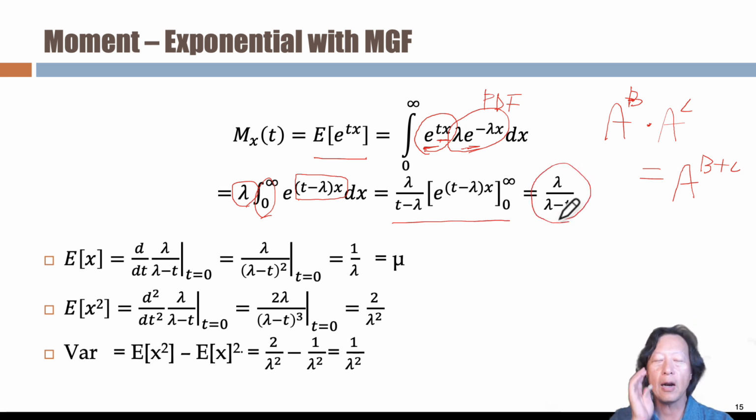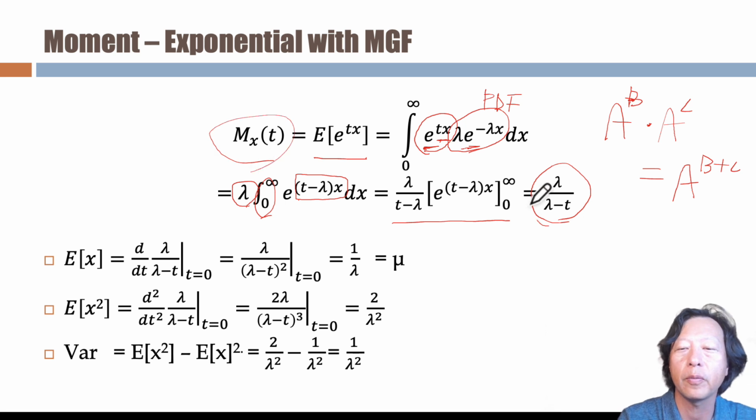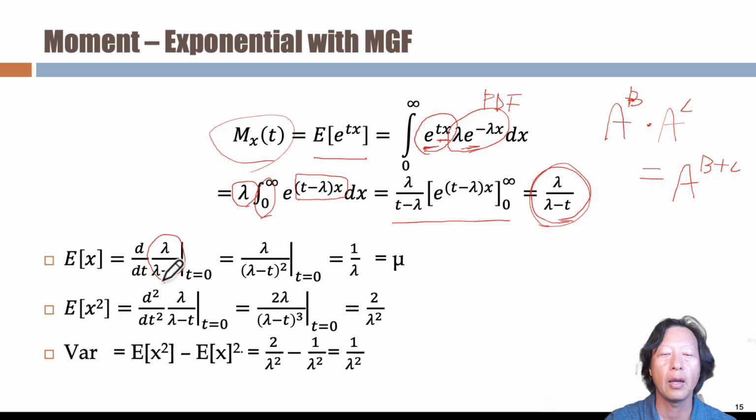Now if you want to calculate, this is a moment generating function, you want to find out the first moment. What you can do is simply take a derivative of this moment generating function, and then put t equals 0. So take a derivative here.